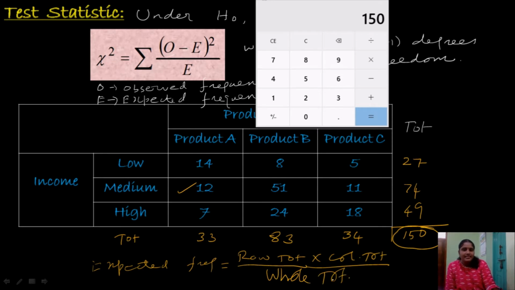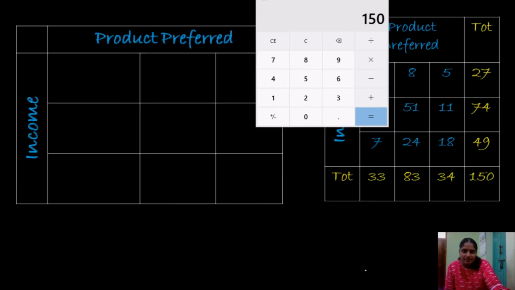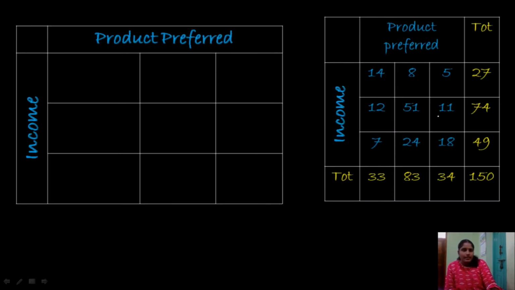Taking this ratio gives you the expected frequencies in each cell. This is the total we have calculated just now. So by making use of these values, we calculate the expected frequencies in each cell.